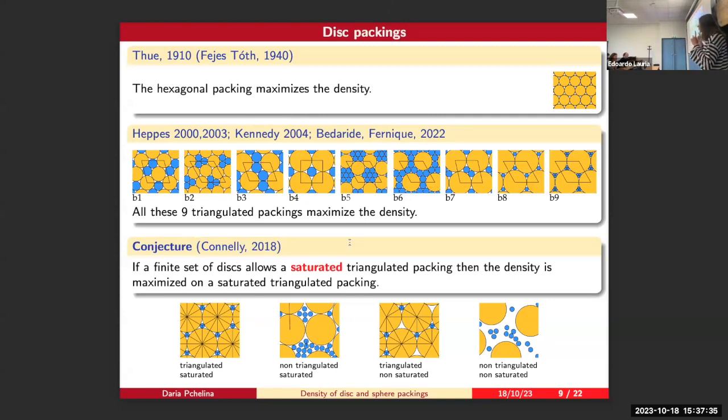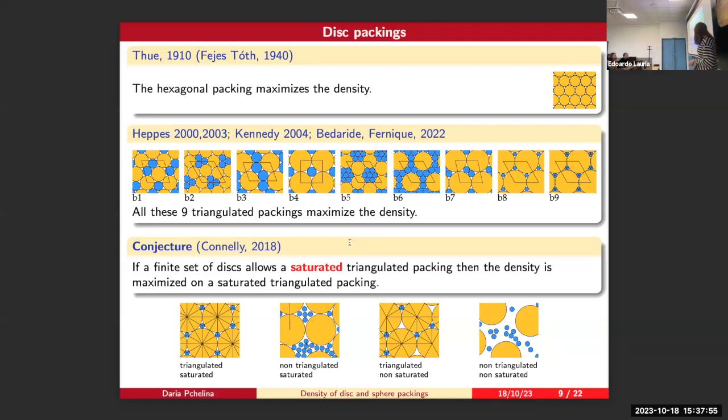Here I use the word saturated, which I shall define. A packing is saturated if we cannot insert any more disks without overlapping the existing disks. For instance, the first packing here is triangulated and saturated. We cannot fit any more disks in the holes.